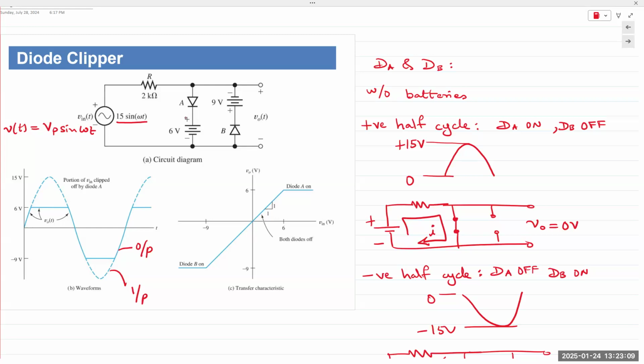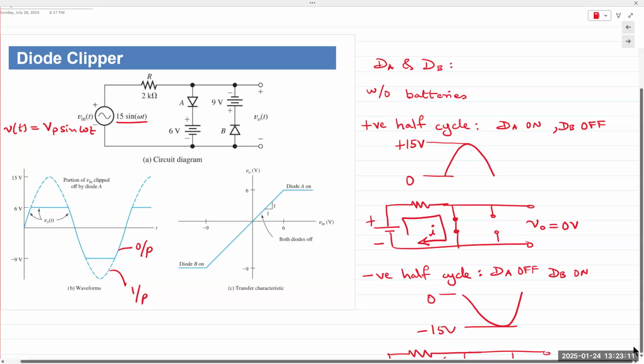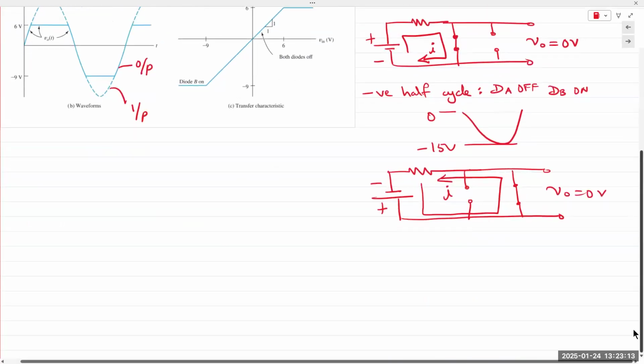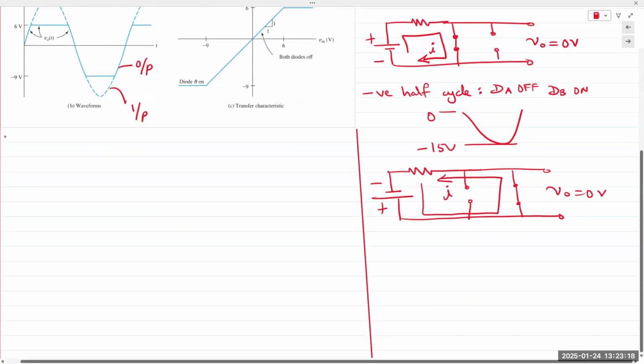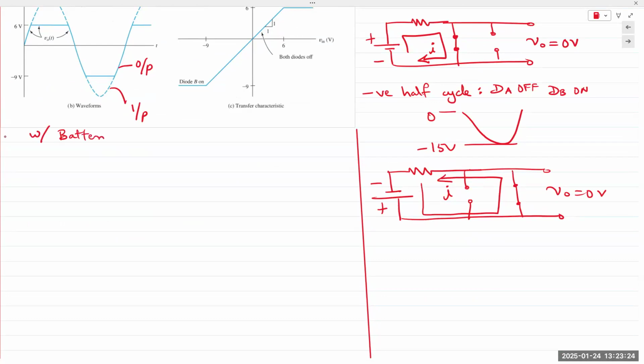Now let's analyze the circuit. I'm going to go to the left side. So with the batteries connected, what happens? Positive half cycle. DB is going to remain off regardless of anything else that happens, right?